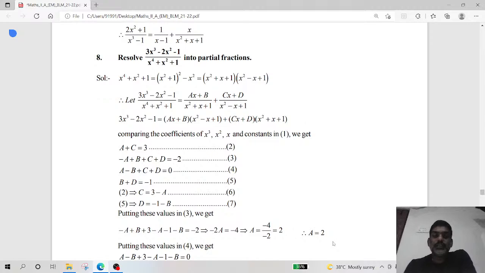By comparing the coefficients of x cube, x square and x: for x cube, ax times x square gives a, and cx times x square gives c, so a plus c. Then comparing the x square coefficients, minus a plus b, and here c plus d. So finally, minus a plus b plus c plus d is equal to minus 2.